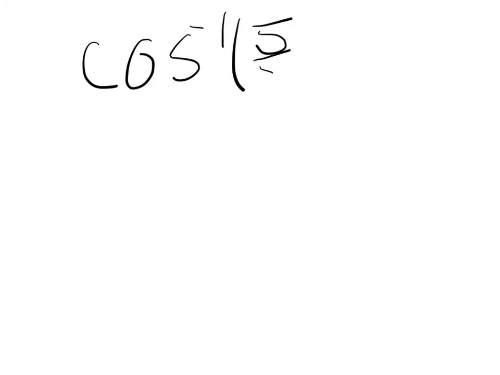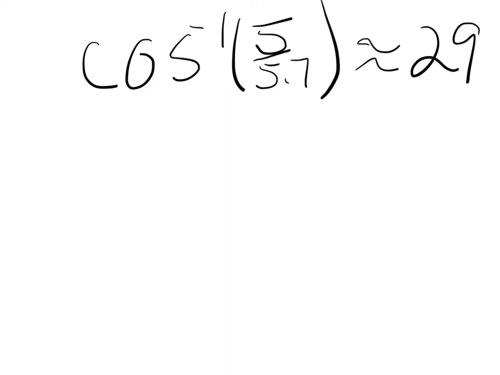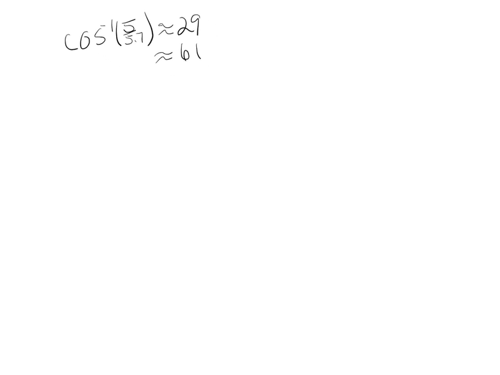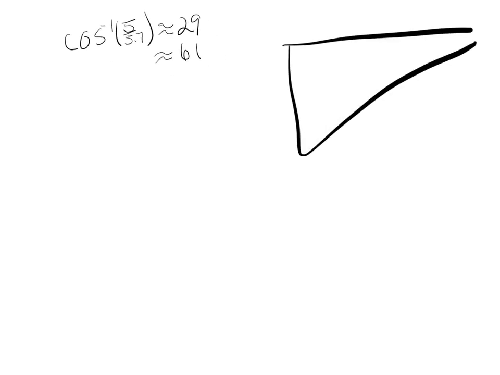I could have found that cosine inverse of 5 over 5.7 was 29, and then figured out that t was 61 because the three angles of a triangle equal 180. This is 5.7, this is now 29, and this is now 61.